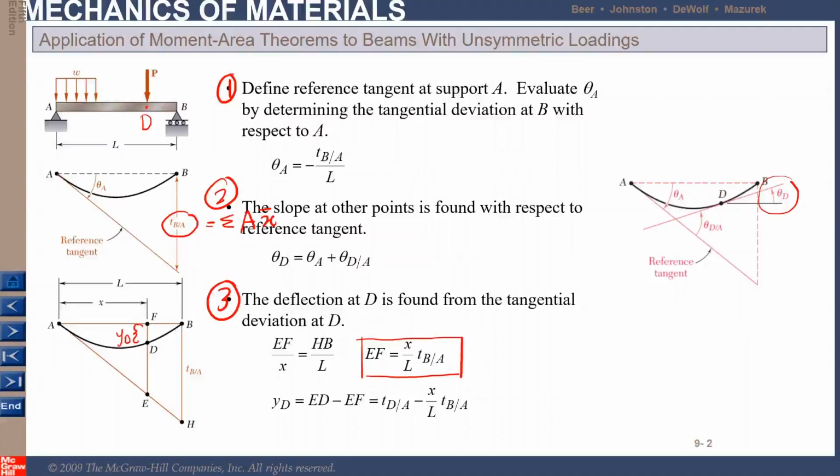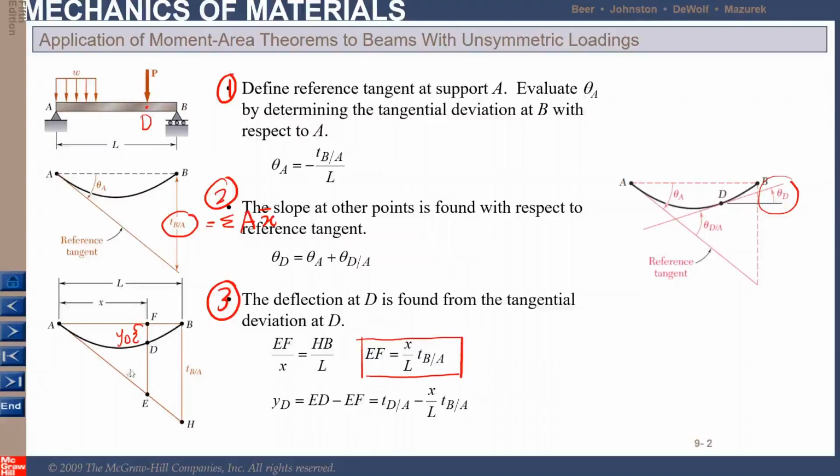Then we need to find the value of yD, which is situated here. We can get yD as the total length here, EF minus ED, but negatively because this is going downward. It's much easier if you calculate it as ED minus EF.